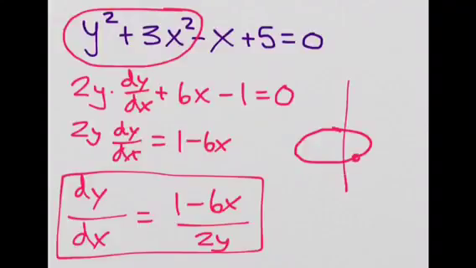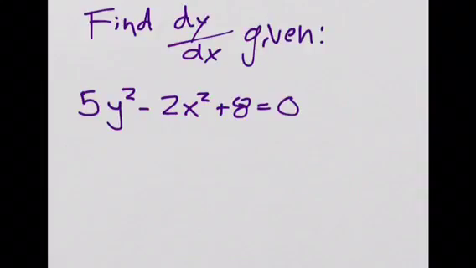So if you look at some random x value, it's going to have two corresponding y values. And so in order to know which derivative we want, which slope of the tangent line we want, we also need to know what that y value is, which is why our derivative is defined in terms of both x and y.